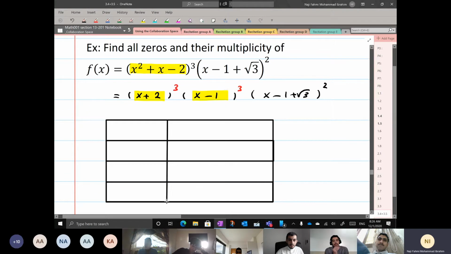What are the zeros here, Kamal? The first zero, what is it? -2. Thank you. What's the multiplicity? 3. Thank you very much. Samer, the next zero. 1 and the multiplicity is 3. Thank you.